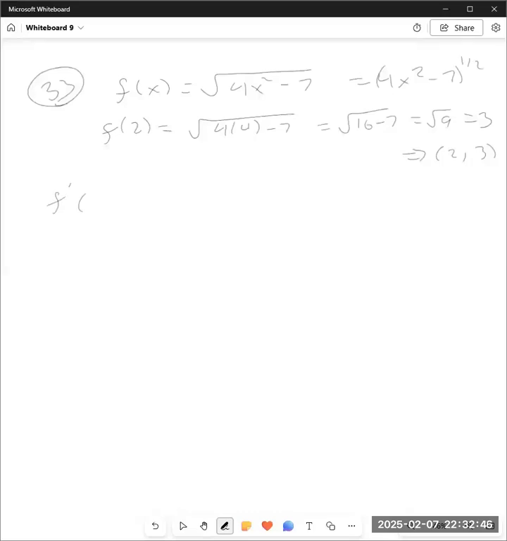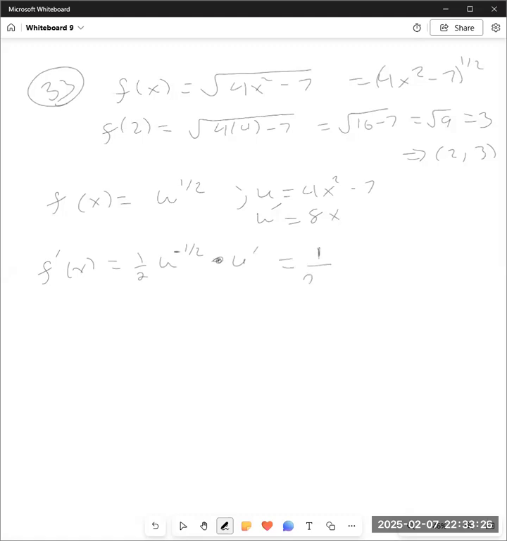f prime of x is going to be equal to 1/2. Actually, let me go ahead and write f of x as u to the 1/2 with u equal to 4x squared minus 7, making u prime equal to 8x. So f prime of x is 1/2 u to the negative 1/2 times u prime.